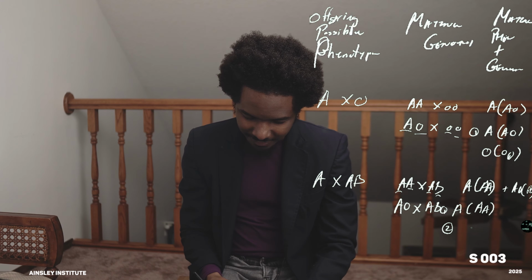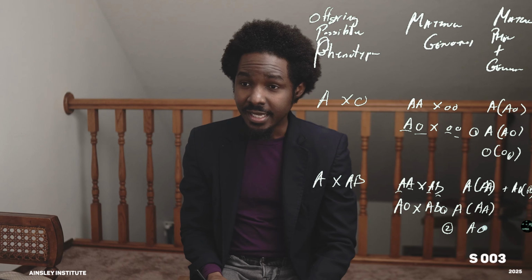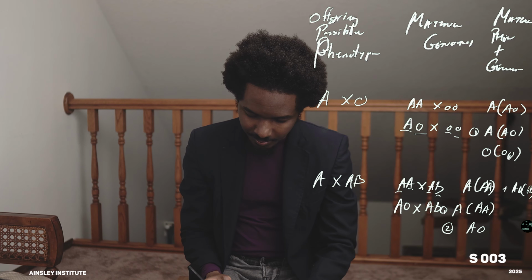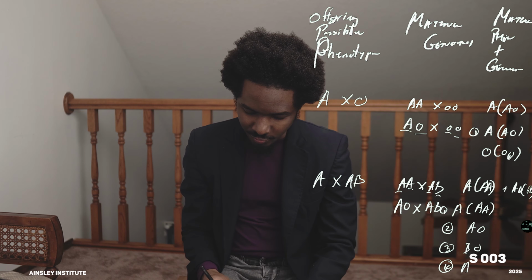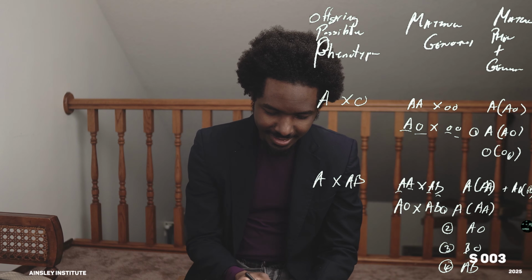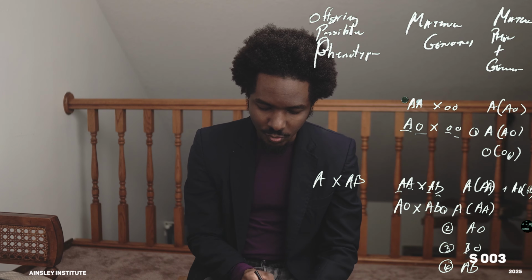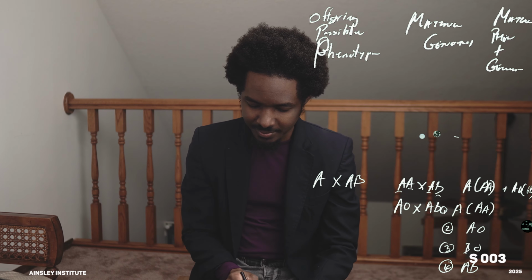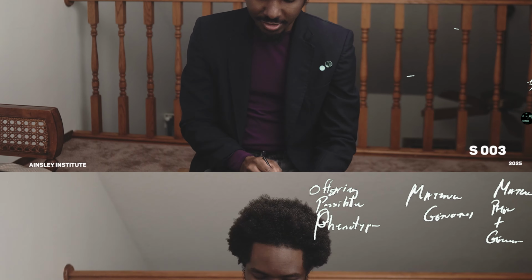All right, so we have AA, we have AO, we also have BO, and we have our favorite AB. All right, so this is just an idea for us to understand how the offspring come about with a different genotype based on the phenotypic expression.